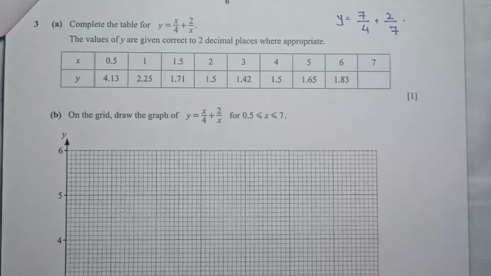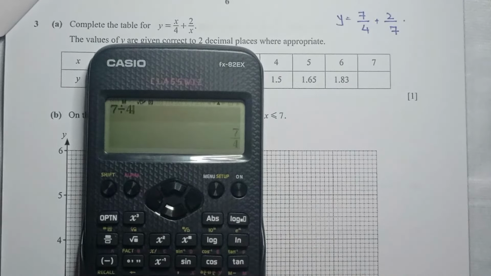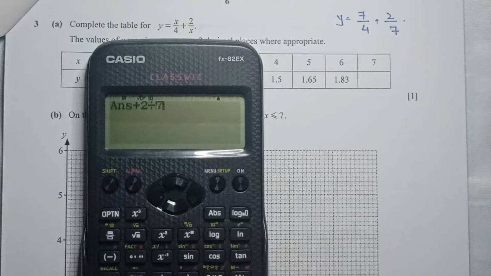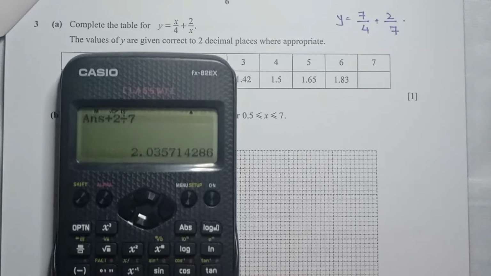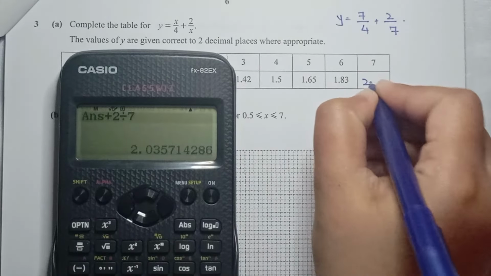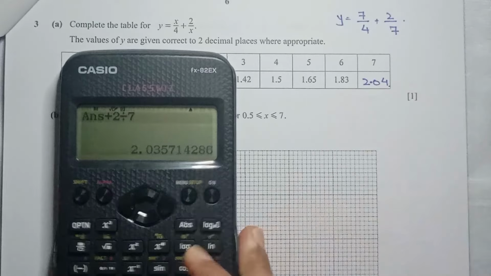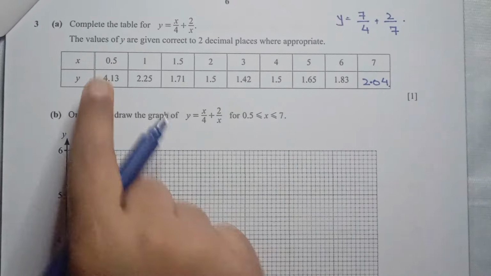So let me do it. 7 divided by 4 plus 2 divided by 7 is 2.035. So correct to 2 decimal places, it would be 2.04. Yes.